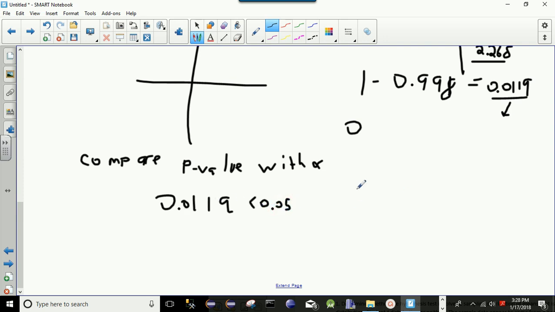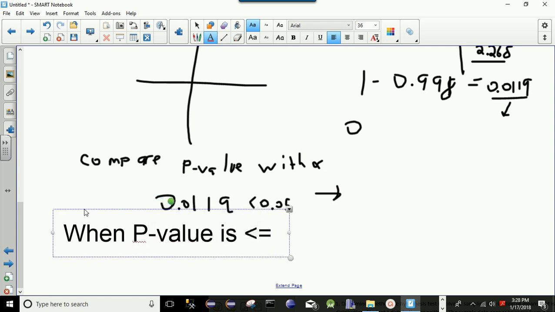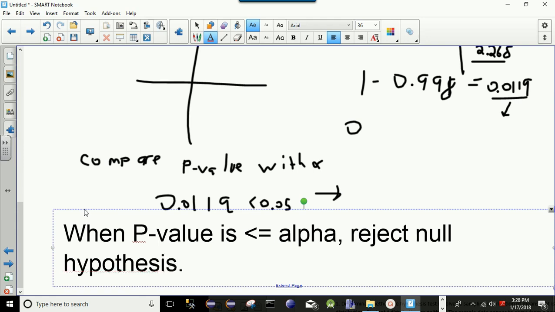In this case our p-value is less than 0.05, and so when your p-value is less than or equal to alpha, you reject the null hypothesis. If the p-value is greater than alpha, you fail to reject.